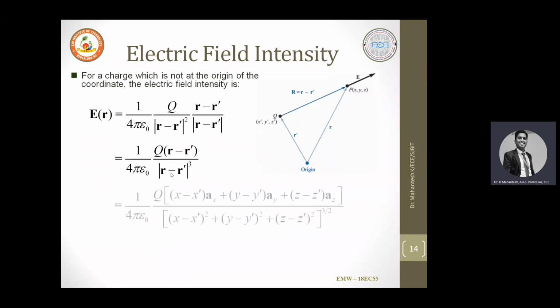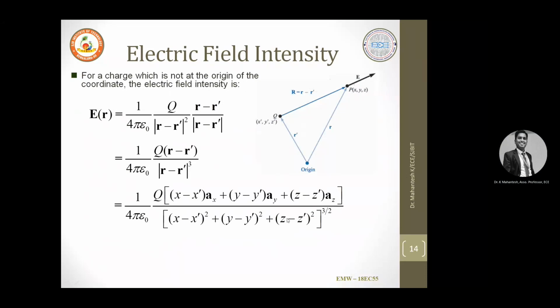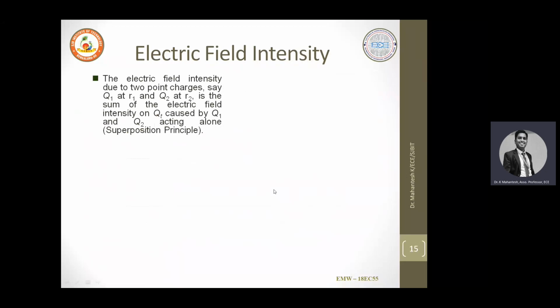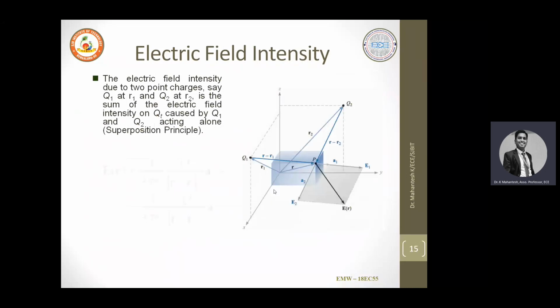I could simply write this equation as ((x − x')ax + (y − y')ay + (z − z')az) over ((x − x')² + (y − y')² + (z − z')²) to the power of 3/2. Therefore, the electric field intensity due to two point charges, say Q1 at r1 and Q2 at r2, is the sum of the electric field intensities caused by Q1 and Q2.